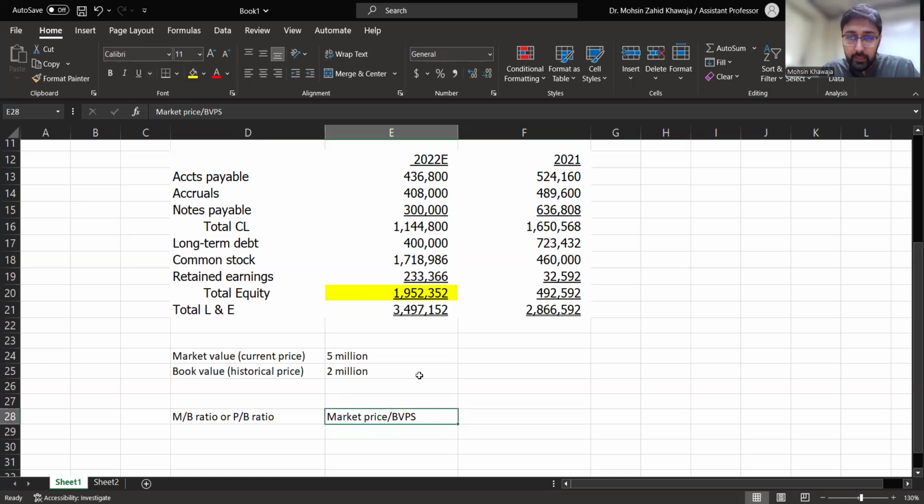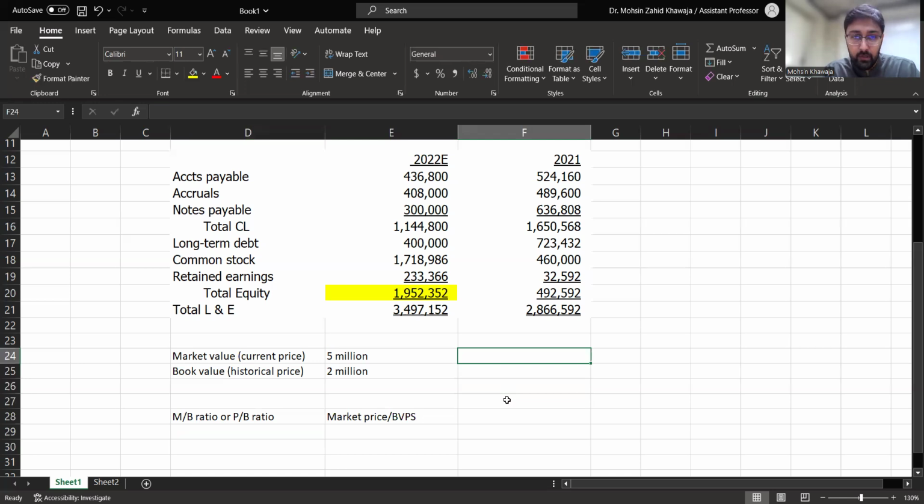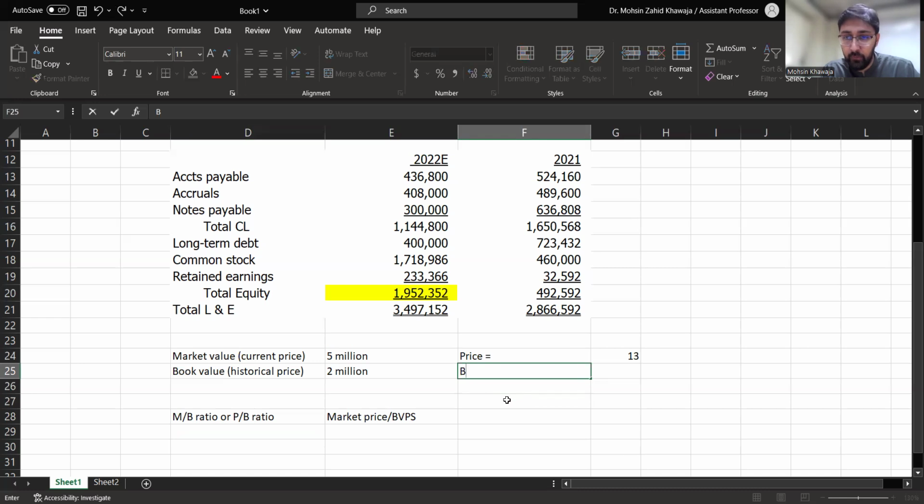So let's say in this case, the price of the company, maybe I can write it down here. The price, which is the market value, was 13 rupees per share. So this is one share. And the book value, we know, book value per share.